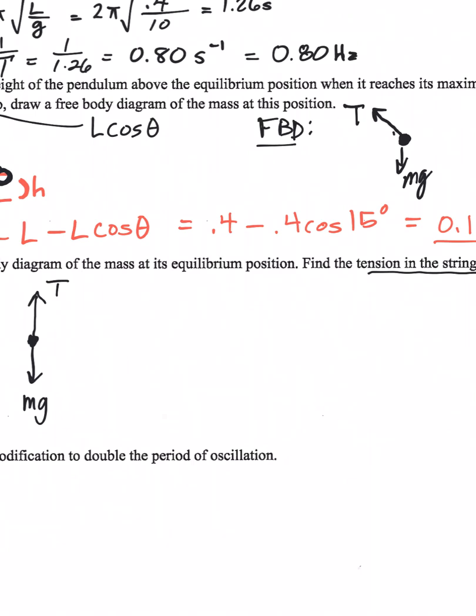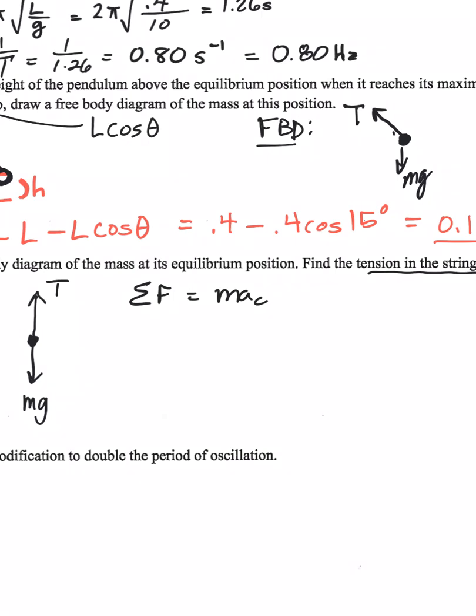So if it's sitting still, tension is equal to mg. But if it's in motion, if it's rocking, we know the sum of the forces is equal to m a sub c, isn't it? Remember Newton? Except we don't know a. What do we know? We have mv squared over r, but r in this case is what? The length of the string.